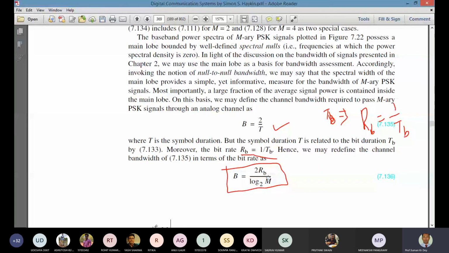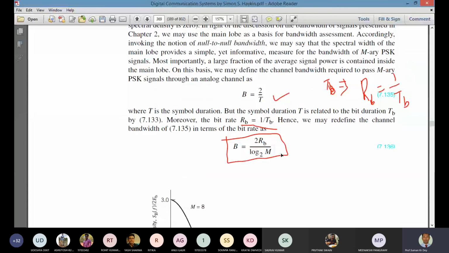Okay. So now if we want to calculate the bandwidth efficiency, how do we calculate it? What is the definition of bandwidth efficiency? Normally the bandwidth efficiency is calculated as how many bits are transmitted per second per hertz of bandwidth.